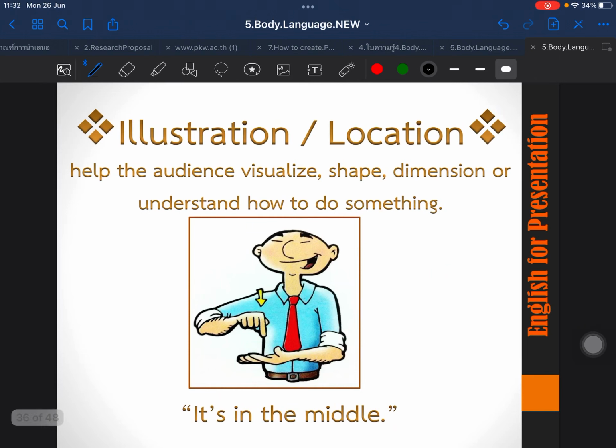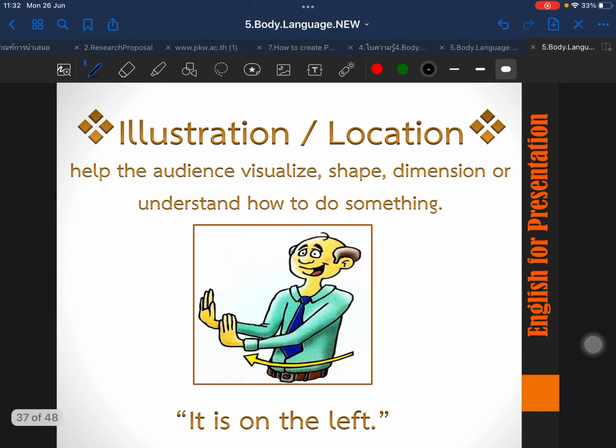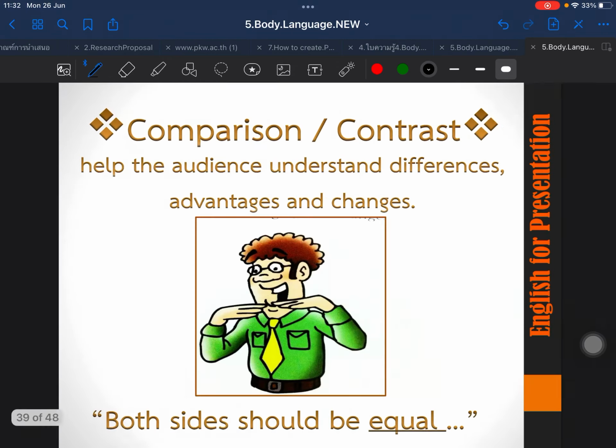Next one, if you want to show the location, for example, in the middle, right? So you have to point your finger down onto the palm. That's it. If you want to move from the left to the right, or it is on the left or it is on the right, you just show it by moving your arm and hands to the left or to the right. That's it.